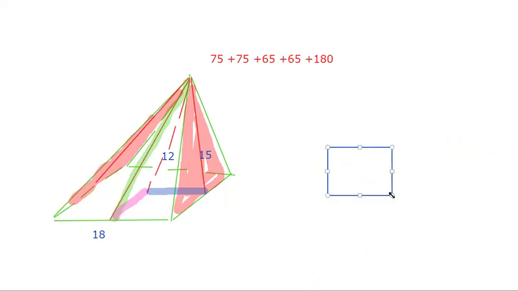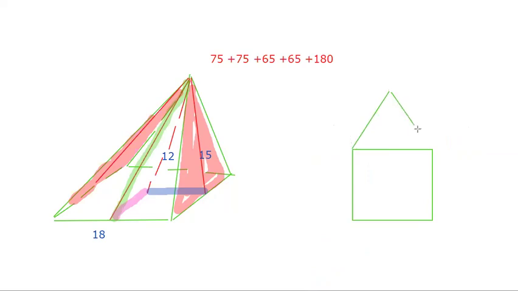So we have this green base, and attached to each base is a triangle. Take our scissors and cut that open and just look at the net.